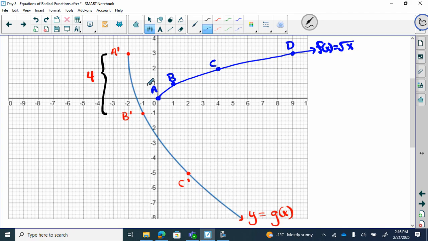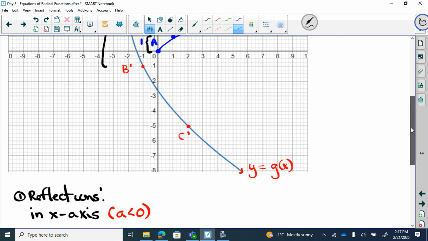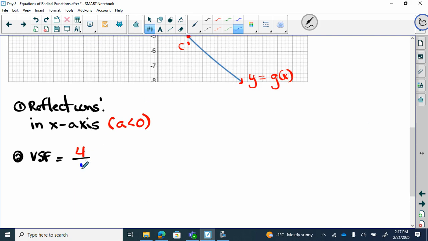On the original, A to B. That's at a height of 0. That's at a height of 1. How many units is that? 1. So it's going to be 4 over 1, which means the vertical stretch factor is what? It's 4. That means that my a value could be plus or minus 4.